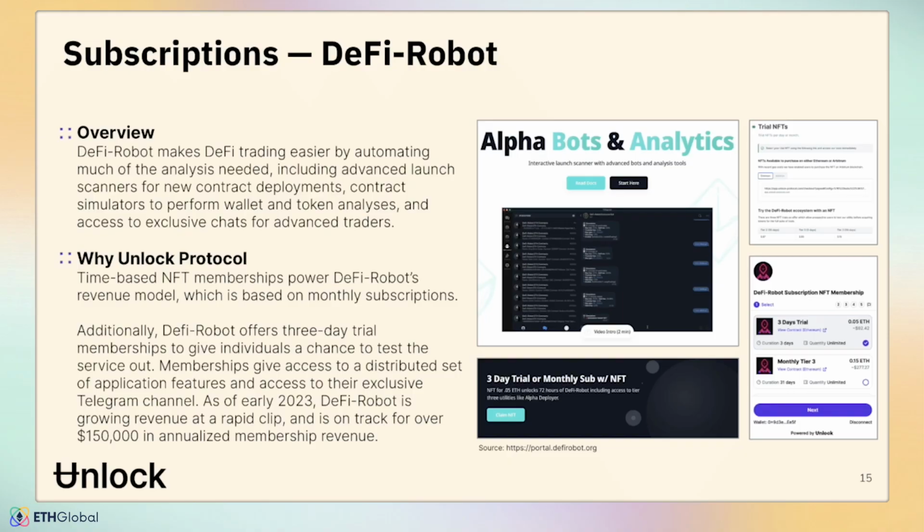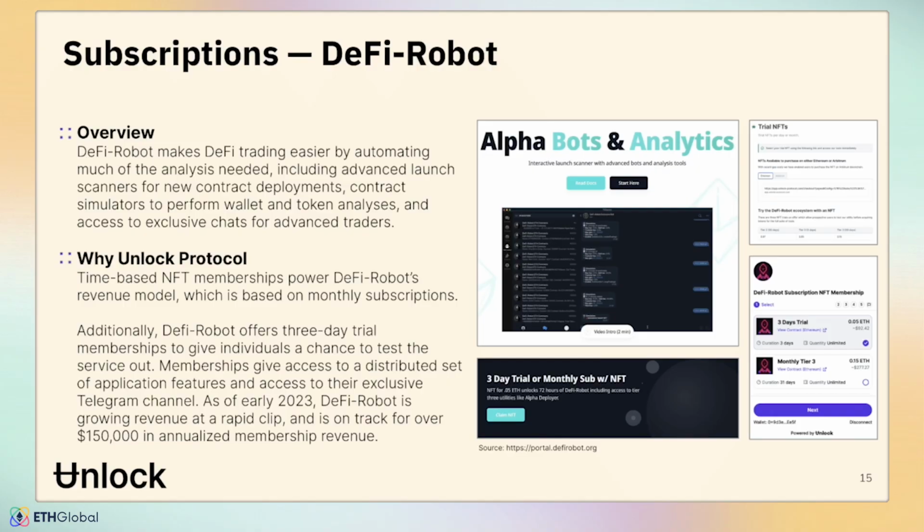An example here that is really powerful, I think, is the example of DeFi Robot. DeFi Robot provides trading tips and mechanisms to automate some of the trading. And what's interesting about that membership, it's using Unlock, obviously, on Ethereum mainnet. The monthly membership, if I'm correct, is about $300 or almost $300, which is a very pricey one.